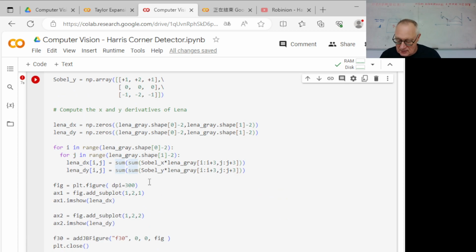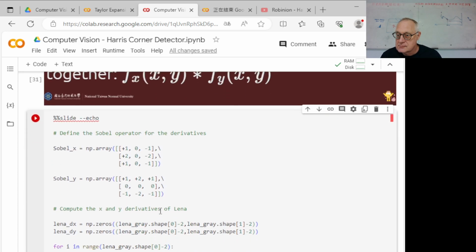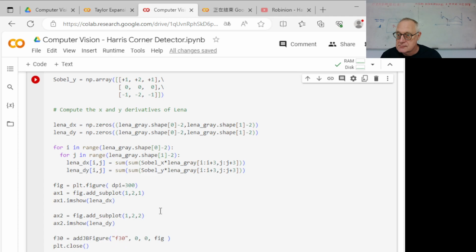I think that's the color image. Now that should be clear.